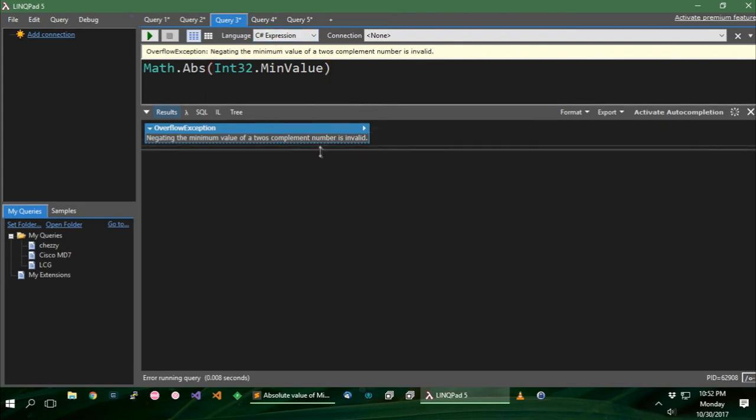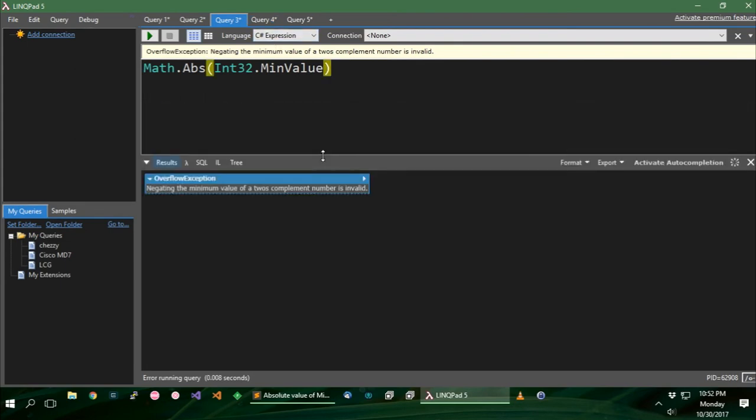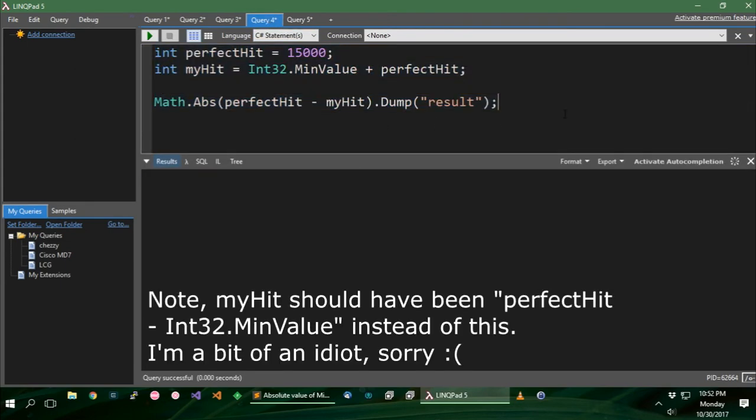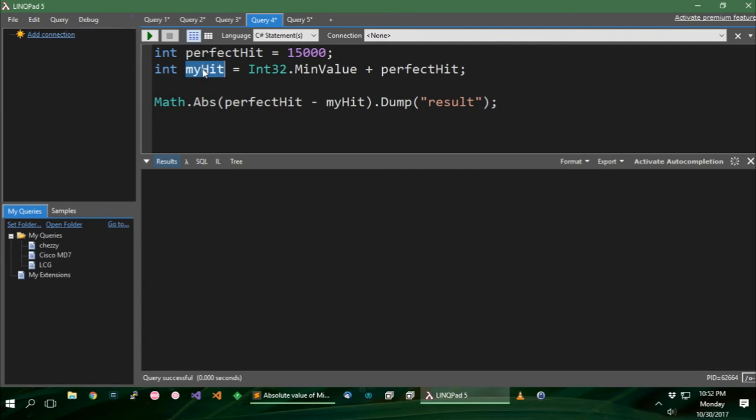If you had algebra in school, I think, I don't know, my English isn't the best, you may realize that if we do this, the time that we hit is int32.MinValue plus the time that the perfect hit is.